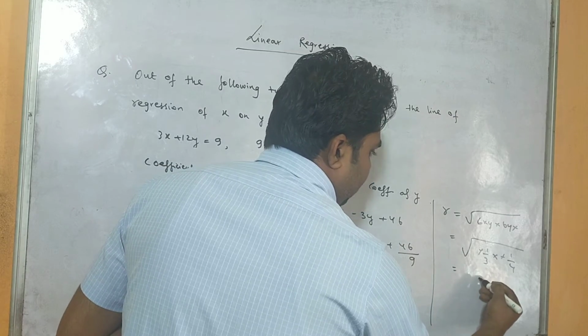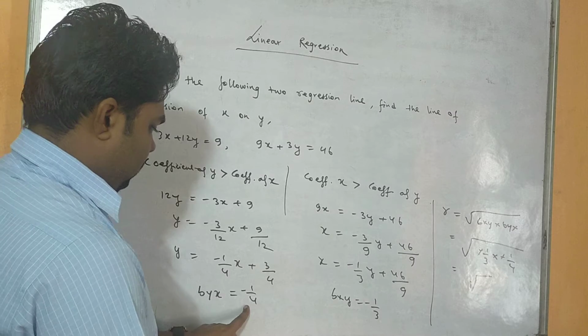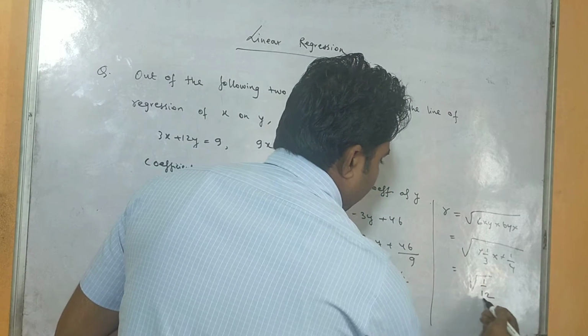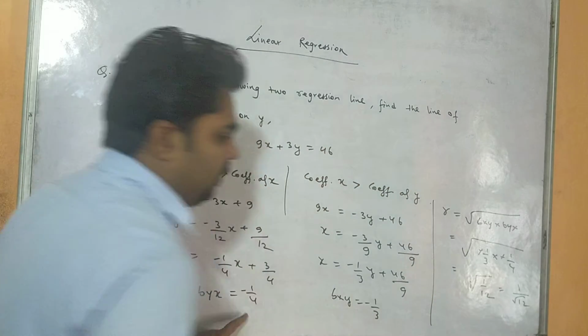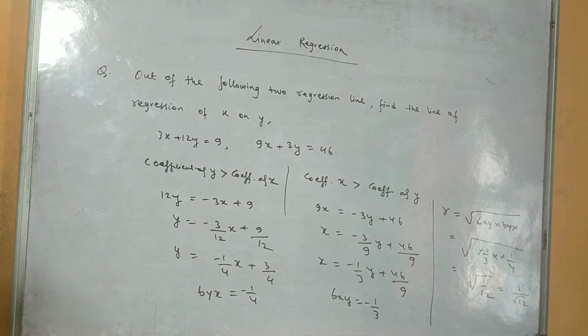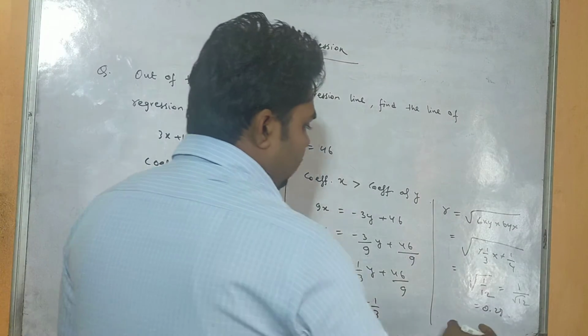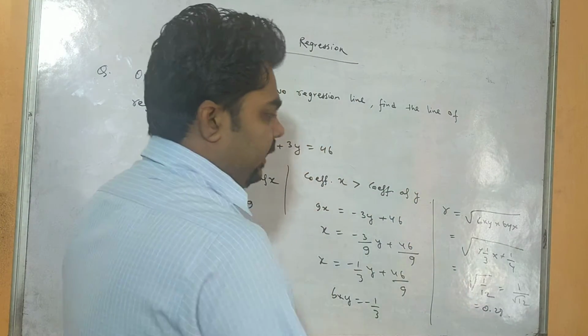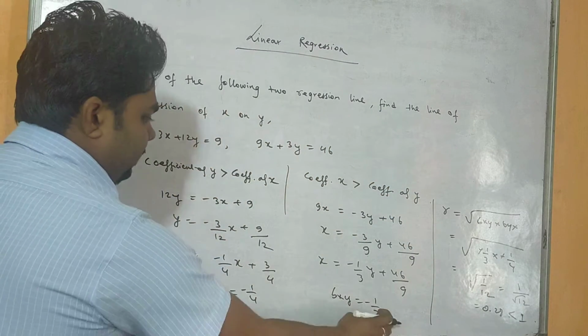So what we will get here is root under 1 by 12. When you calculate this, you will get 0.28. That means the value of r is less than 1, right? So our assumption is correct.